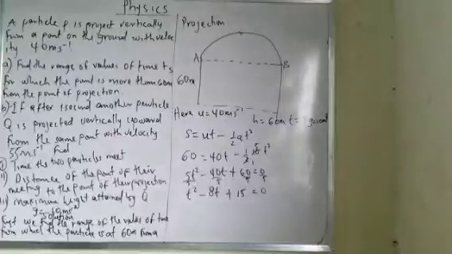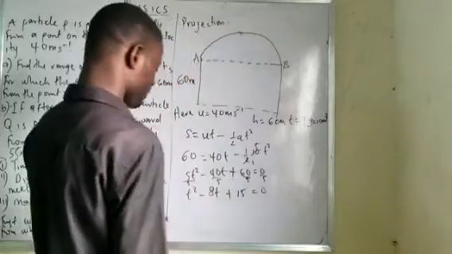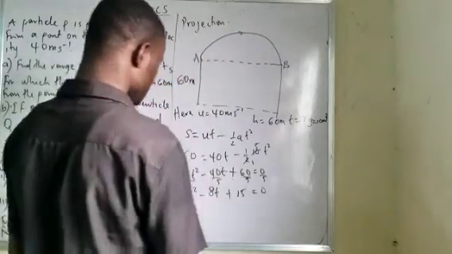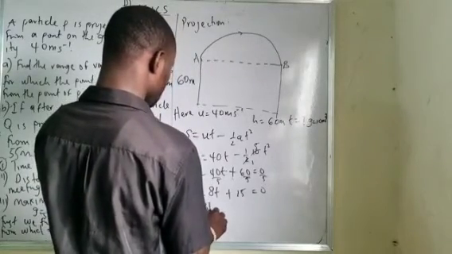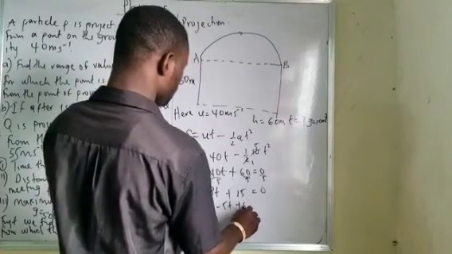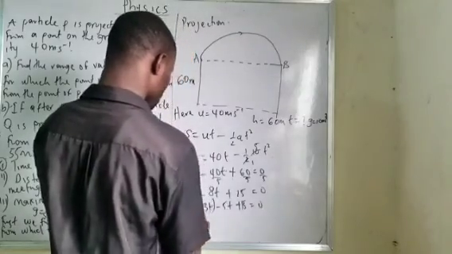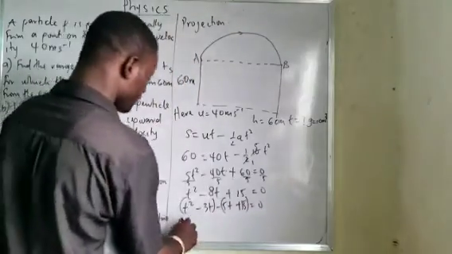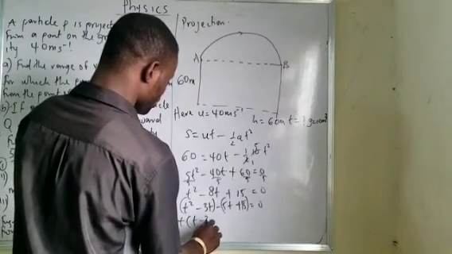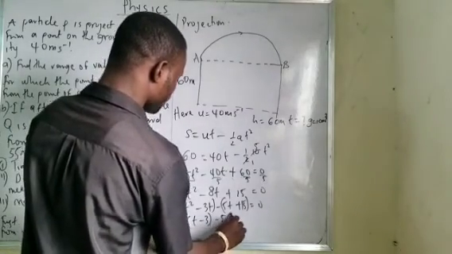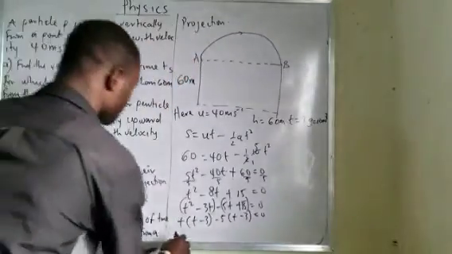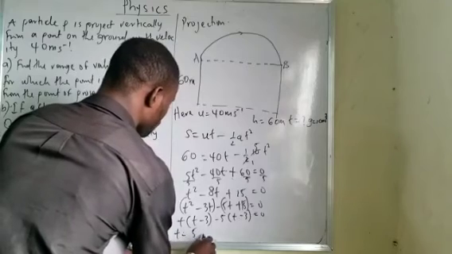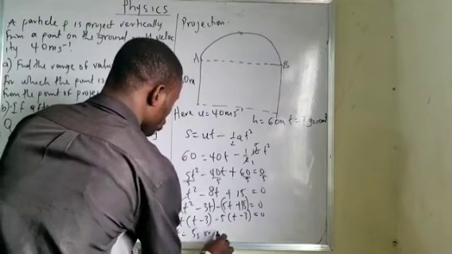What numbers can I multiply to get this? 3 and 5 will help me, minus 3 minus 5. So t squared minus 3t minus 5t plus 15 equals 0, which gives t minus 3 and t minus 5, so t equals 3 seconds or 5 seconds.